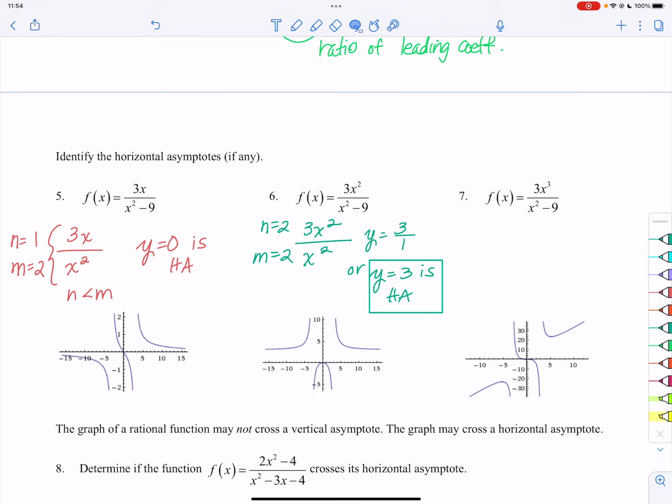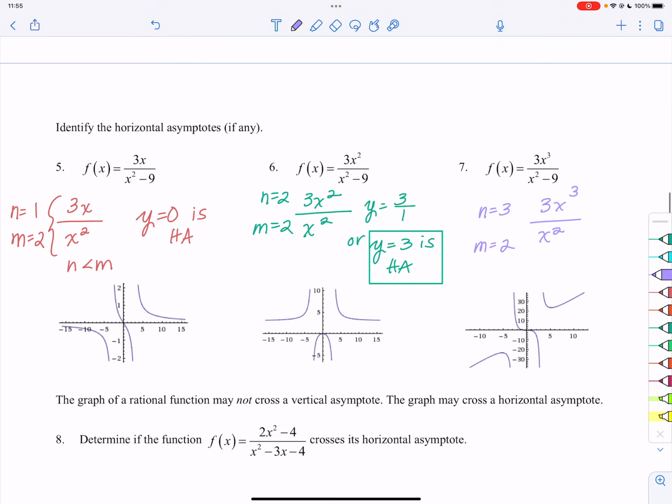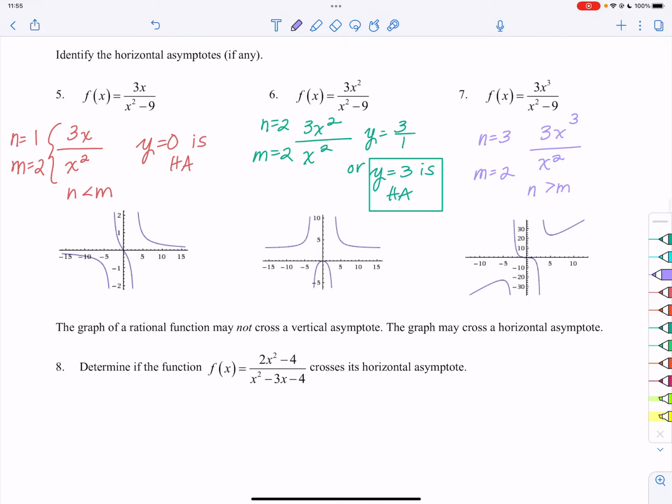Now, looking at number 7, the numerator has a degree of 3, and the denominator has a degree of 2. So here, n is greater than m. So there is no horizontal asymptote.